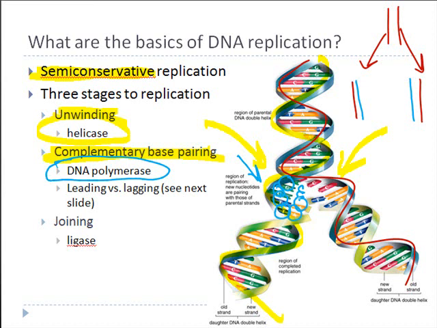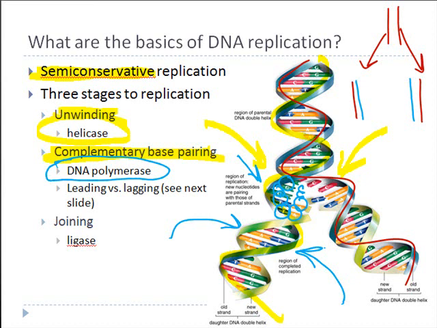So basically, what the DNA polymerase does is it reads the sequence of nucleotides on the parent strand, and it brings in free-floating nucleotides to pair up appropriately with the parent strand through complementary base pairing. Again, that idea that A's always pair with T's, C's always pair with G's.